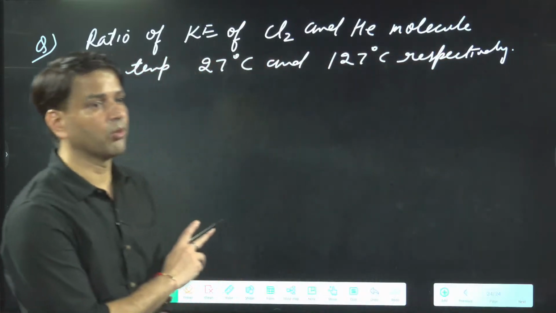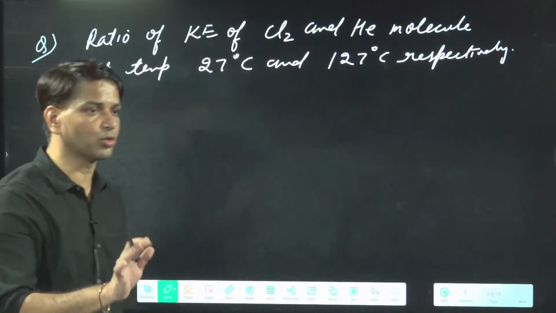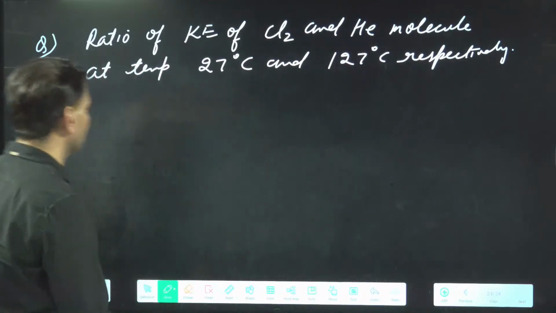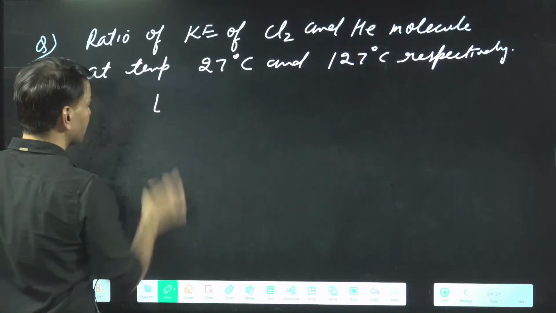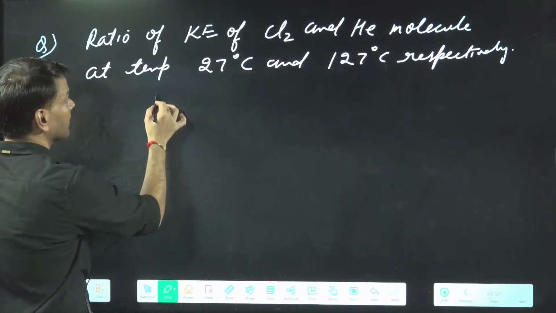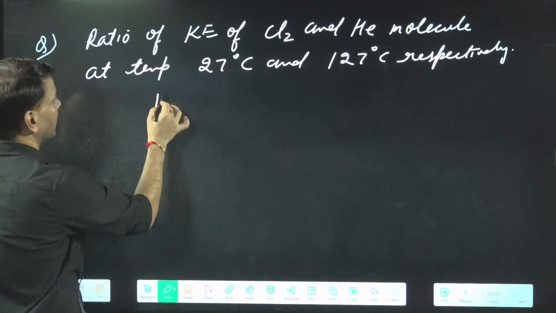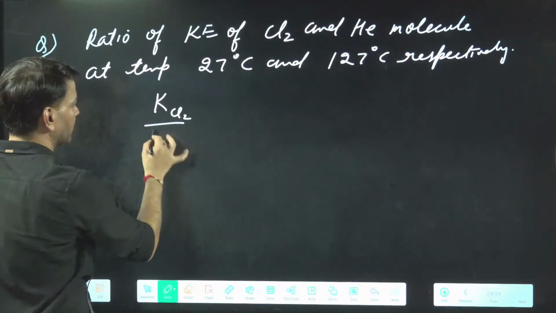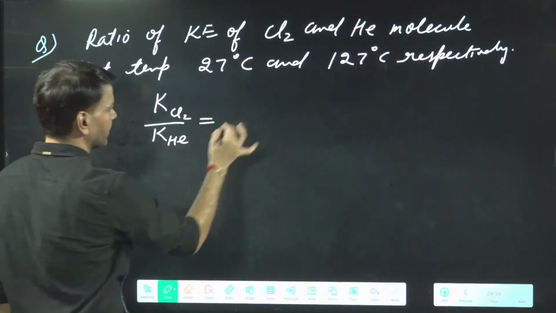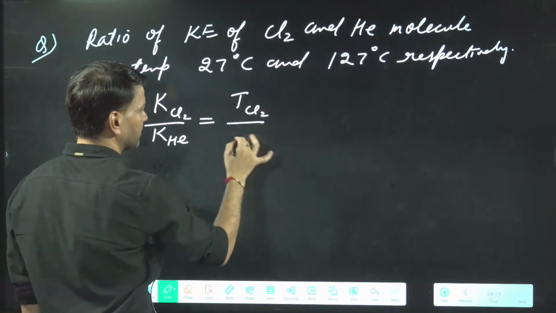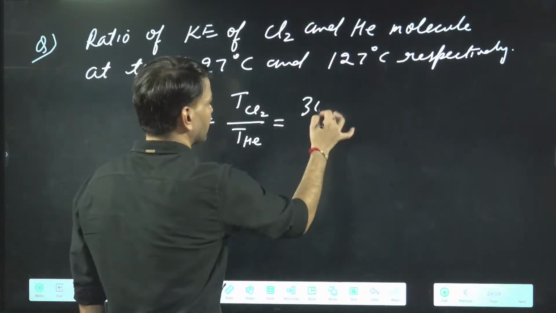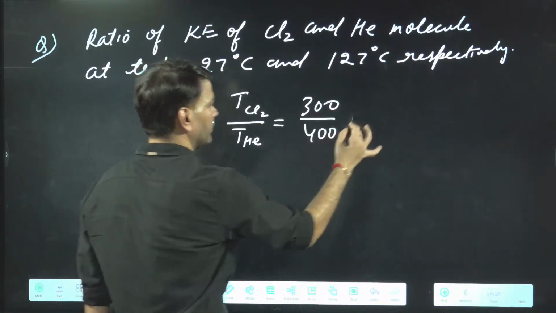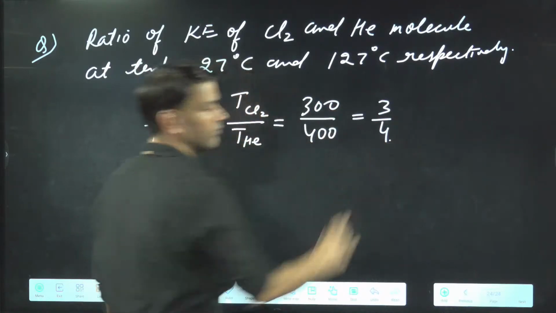I am asking for the molecule, so directly we say 3/2 kT. Now 3/2 K is constant, so the ratio of kinetic energy, kinetic energy of chlorine upon kinetic energy of helium, is directly the temperature of the chlorine upon the temperature of the helium. The temperature of the chlorine is 300 Kelvin and this is 400 Kelvin. So the answer you will get is 3/4.